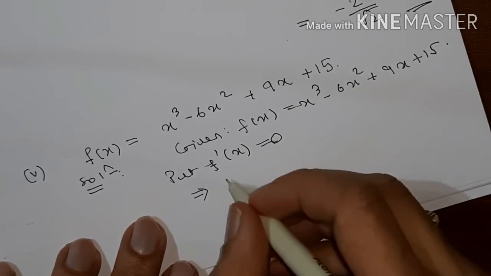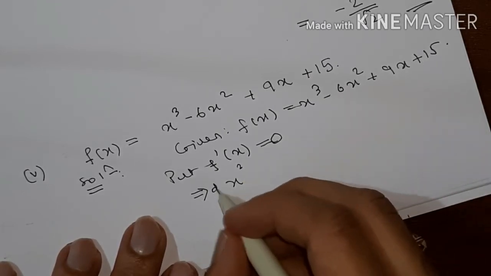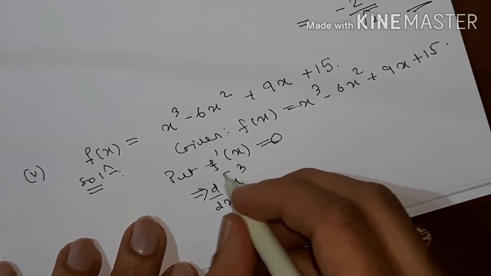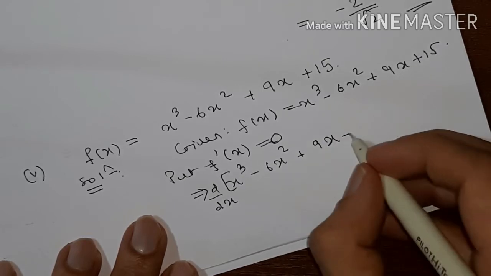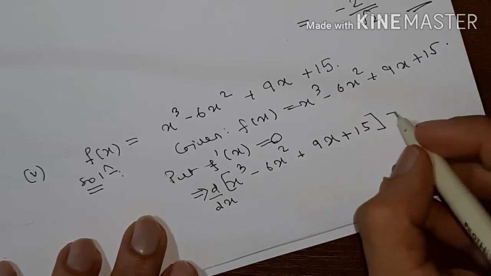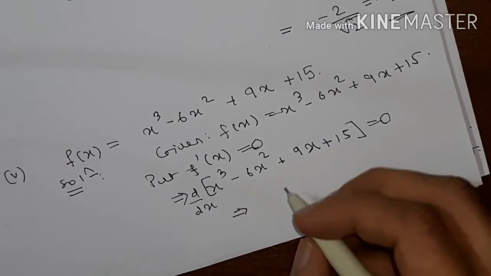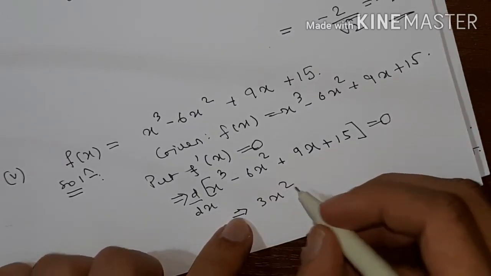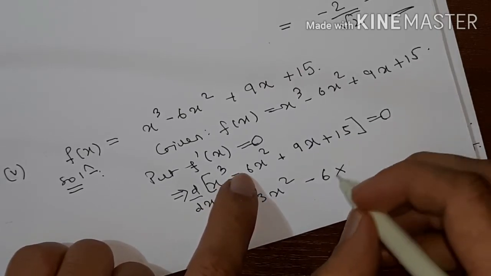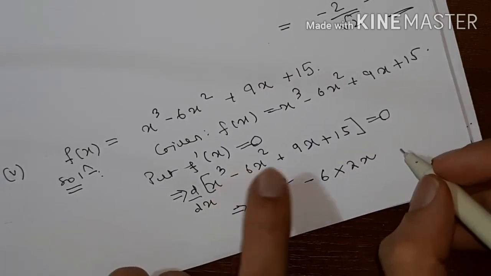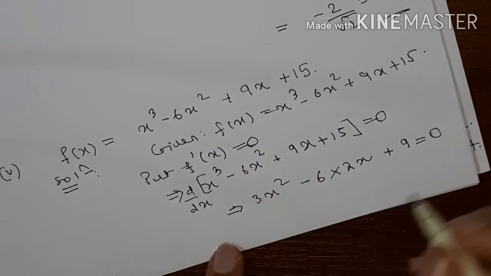So f prime of x is the derivative of x cube minus 6x square plus 9x plus 15 equal to 0. The derivative of x cube is 3x square, then minus 6 times the derivative of x square, which is 2x, and the derivative of 9x is 9, which is equal to 0.